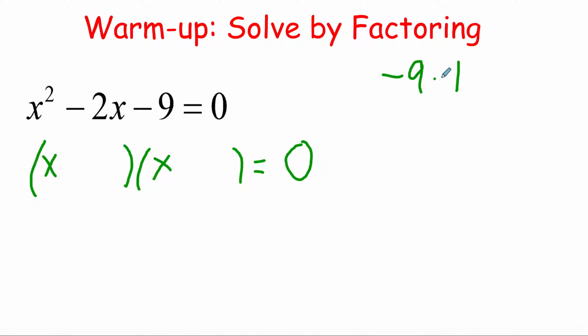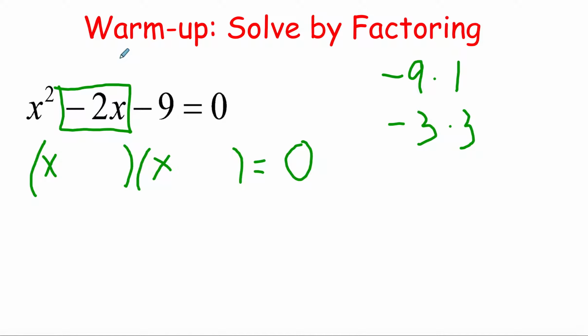This could be -9 and 1 or 1 and -9. And then it's obviously -3 times 3. And in both of these cases, there is no way for me to multiply these numbers in such a way, or add these numbers in such a way that I get -2. And in fact, this quadratic is unfactorable. It's completely unfactorable. No matter how hard you try, you cannot factor it.